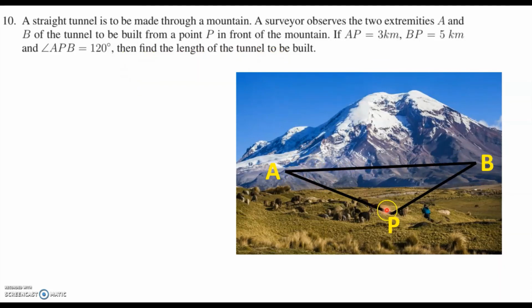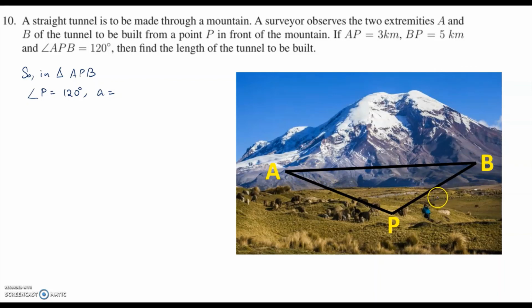So we have two sides and an angle. So we can use cosine formula. So in triangle APB, what is given to us is angle P is equal to 120 degrees, and the side AP will be opposite to B, so that will be small b, and BP is opposite to A, so this will be our small a.